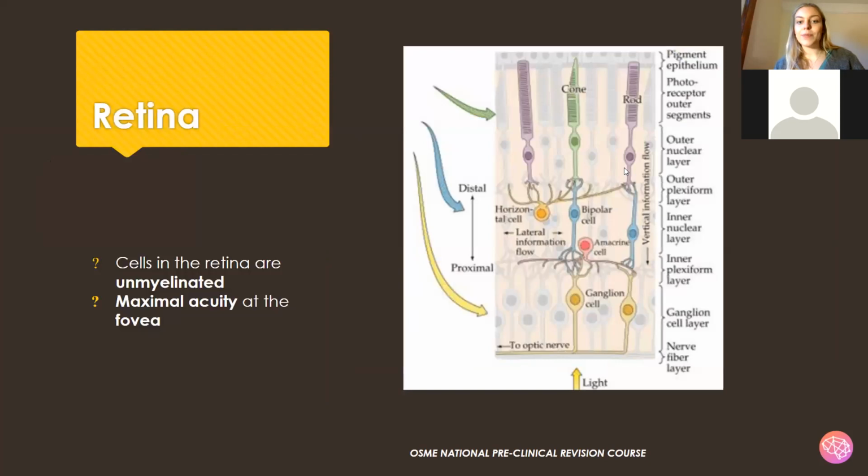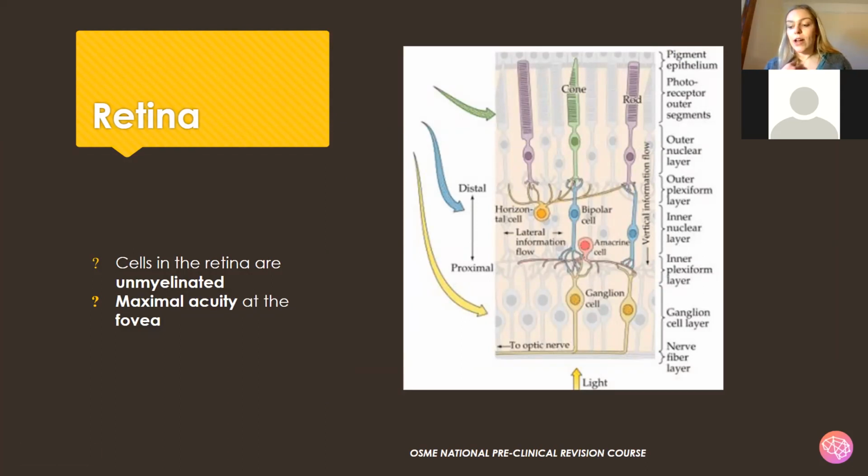Okay, so one of my images here is the retina. So this is where everything starts. Our cells in the retina are myelinated, and we have 5 layers in the retina. So we've got the ganglion cell layer, inner plexiform, inner nuclear, outer plexiform, and outer nuclear. And then we have, of course, the photoreceptors beyond that. And we have maximal acuity at the fovea of the retina.